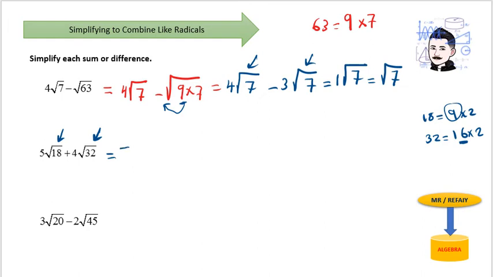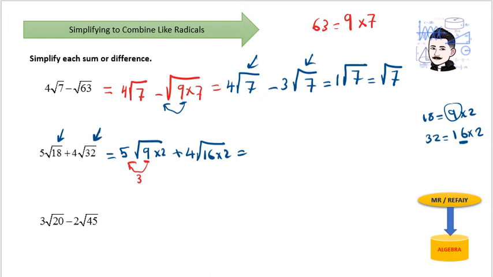Okay, so here 5 root 9 times 2 plus 4 times root 16 times 2. Now what we have to do is get the root 9, which is 3, and multiply it with 5.